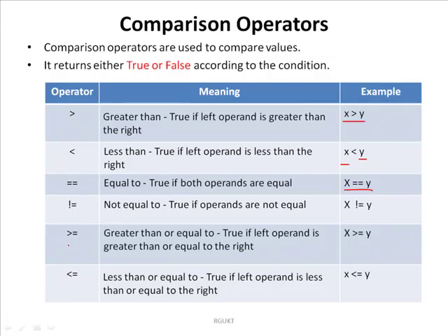Greater than or equal: if any one of the conditions is true, either greater or equal, it returns true. If it is neither, it returns false. You can observe the examples here: x greater than or equal to y, and x less than or equal to y.